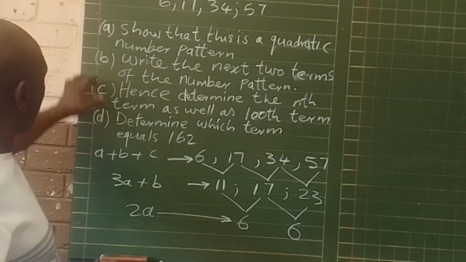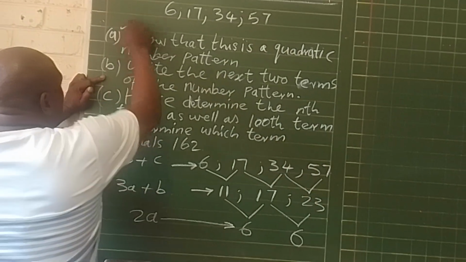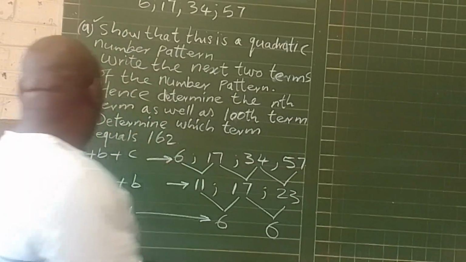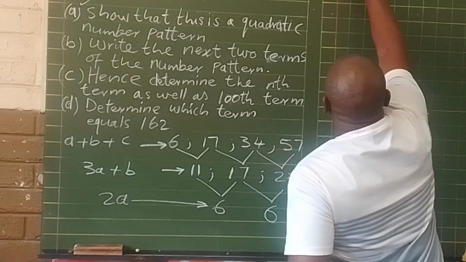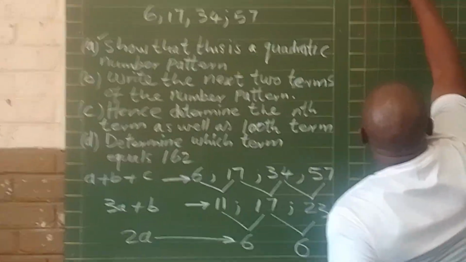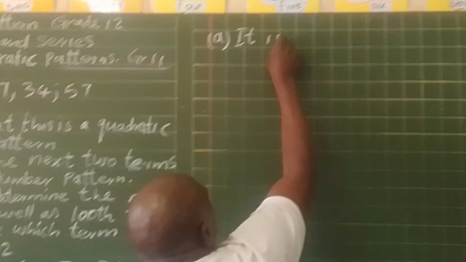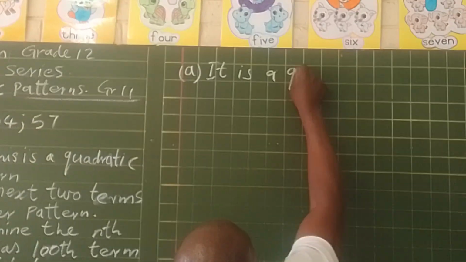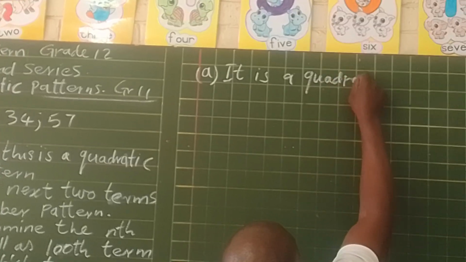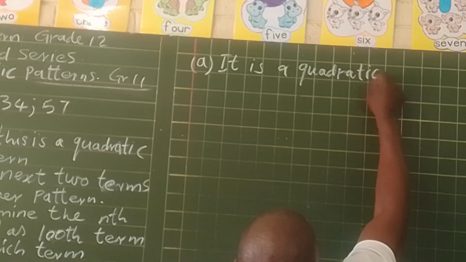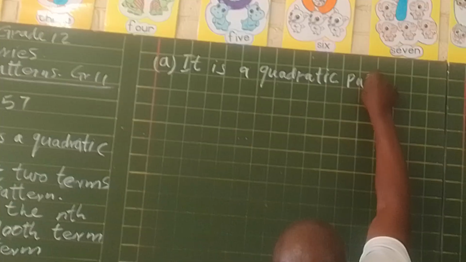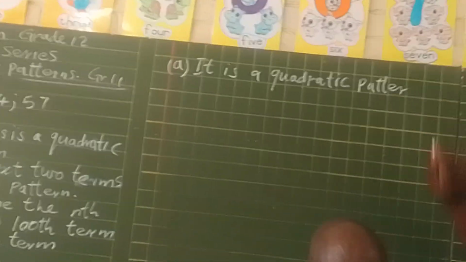Now, from here you come and say A is covered. Why? Because we are going to say, therefore, it is a quadratic pattern. Give reasons for that?